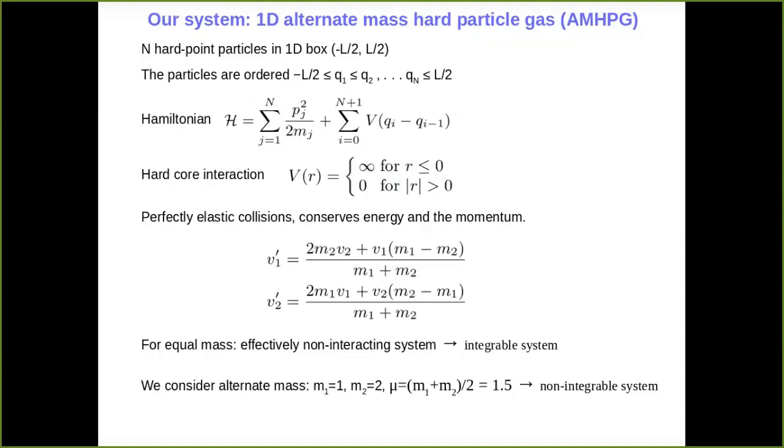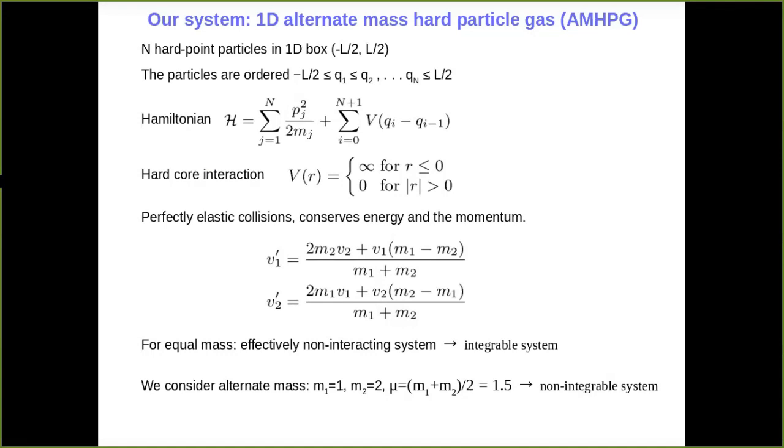Okay. So our system, can you see the heading? Yeah. Our system is a one-dimensional alternate mass hard particle gas. We consider n hard point particles in a 1D box of system size L, from minus L by 2 to L by 2.